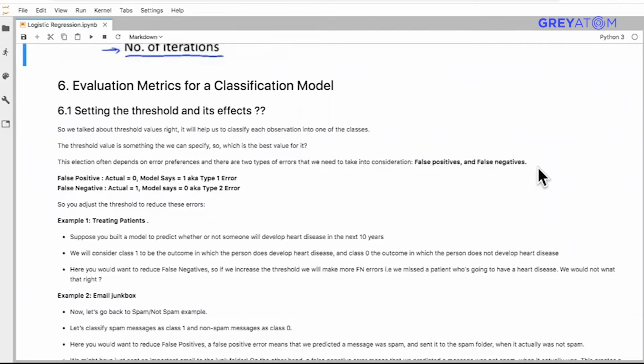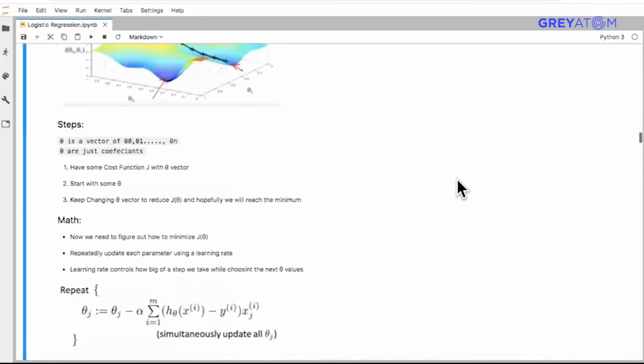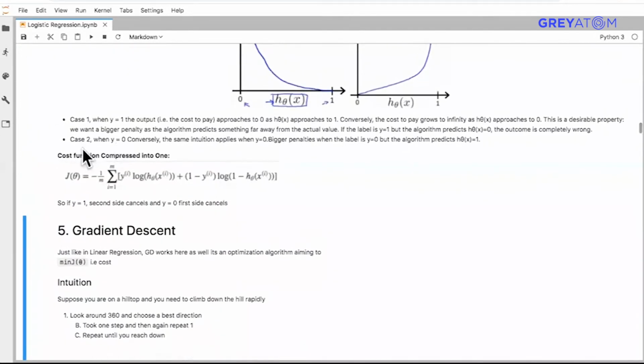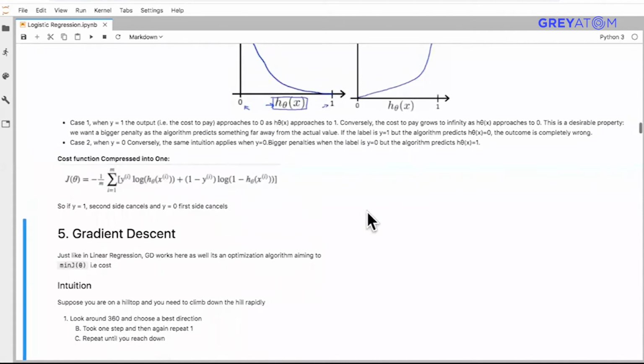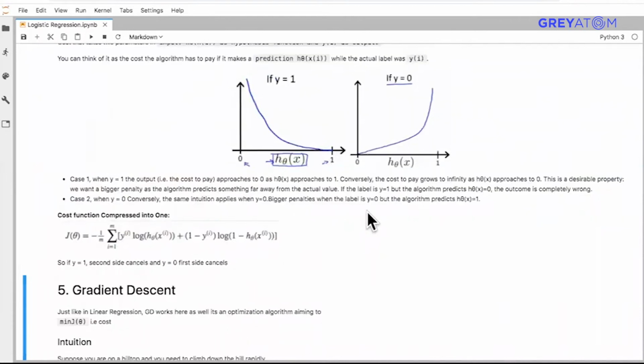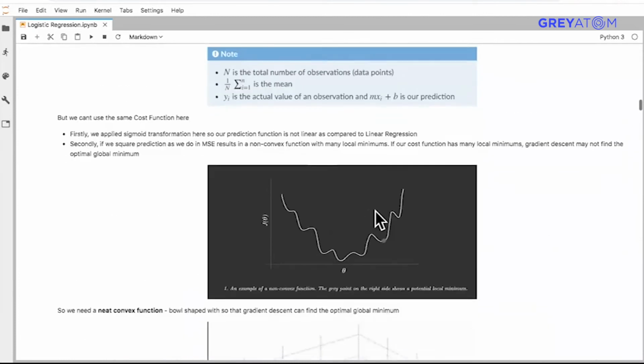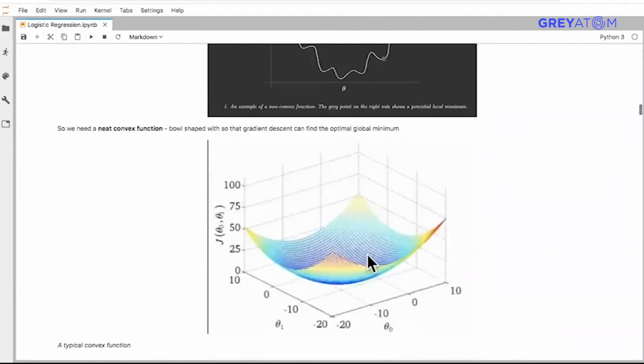Seema is asking a question. In a case where we don't have a convex function, we cannot use logistic regression, right? Seema, by using this cost function here, we transformed this graph to this graph.